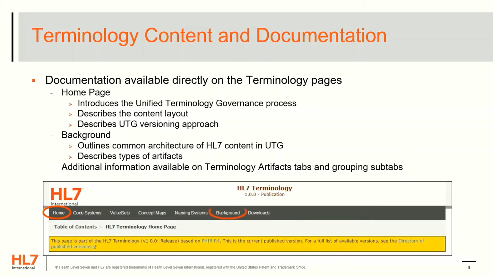There's also a background tab that describes the architecture of HL7 content as published on these pages and each type of artifact that's browsable on these pages. There's also verbiage throughout the different artifact type tabs, as well as the grouping subtabs that provide information in context. The documentation is always evolving as part of the UTG update process.